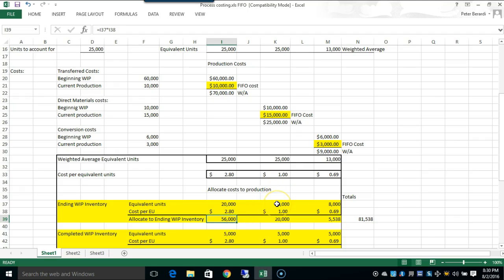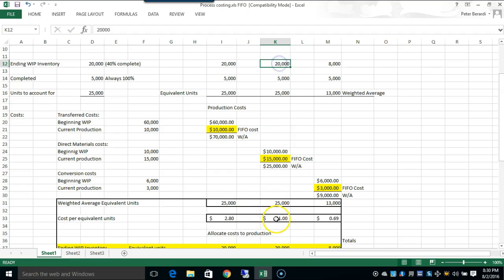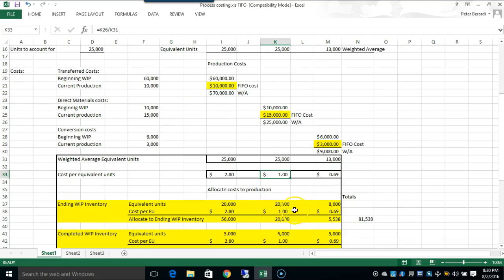Next step, your direct materials for ending WIP is 20,000 equivalent units times your $1 cost per equivalent unit equals 20,000.